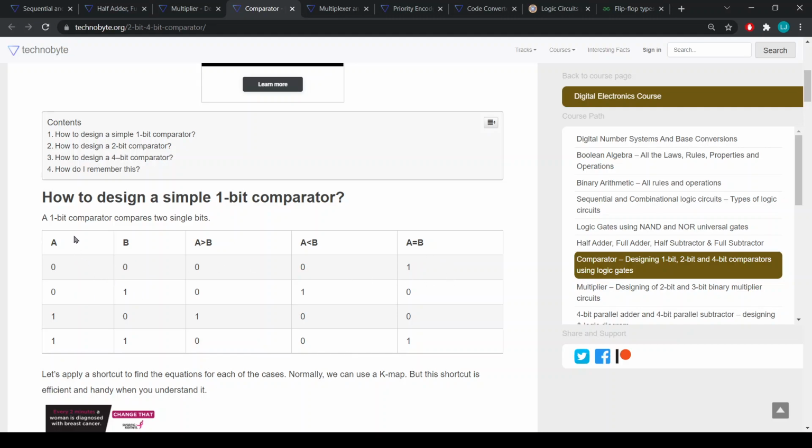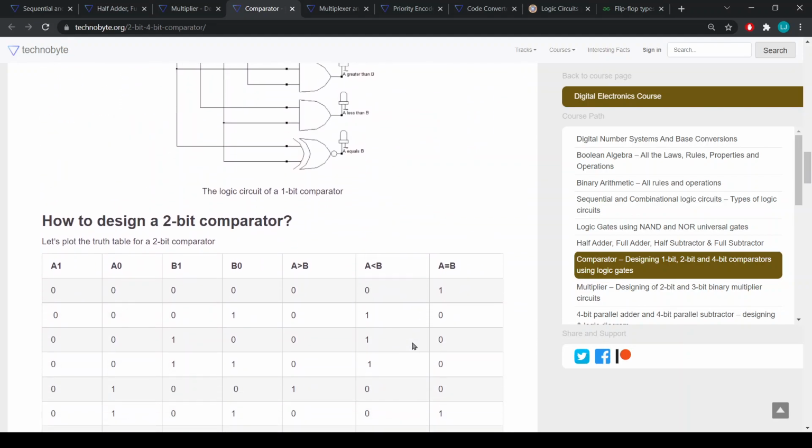For 0 and 1, A is less than B, so the output of our comparator is 0, 1, 0, since this holds true for A is less than B. Again, if A is 1 and B is 1, then they are equal, so we have 0, 0, 1.